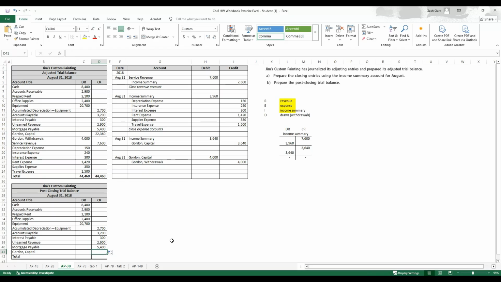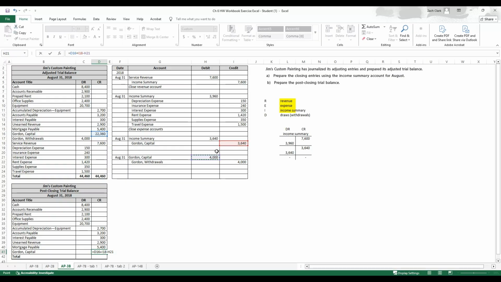But then capital will have changed for all of the entries that we've done here. Let's just look at the math. This is our beginning capital, 22,360. Then we increased it. It was a credit balance, we credited it, so we want to add. We're going to put a plus for the 3,640. And then this is a decrease with the withdrawals, so we're going to minus the 4,000.